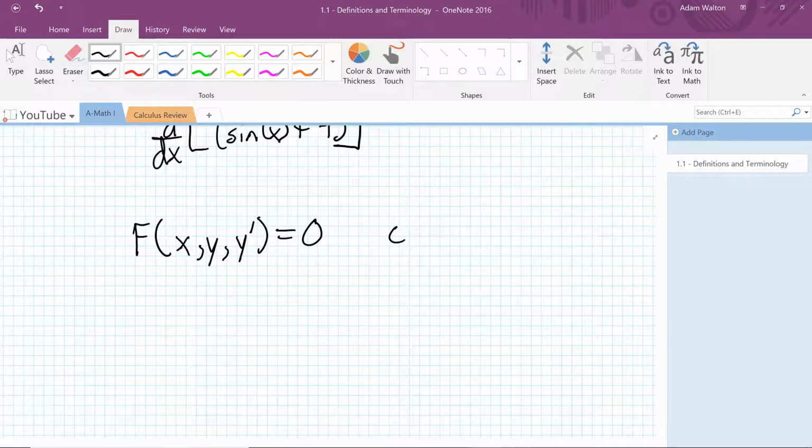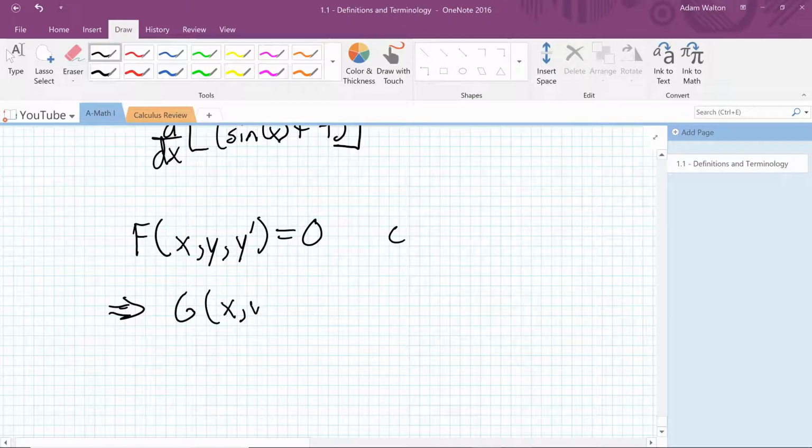That means this solution is represented by g of x, y, and c, which is equal to 0.